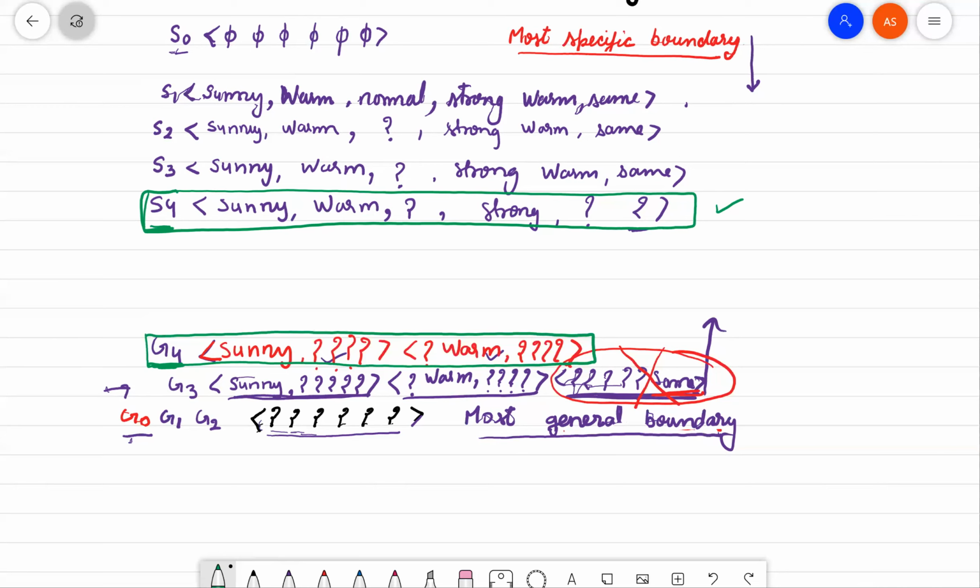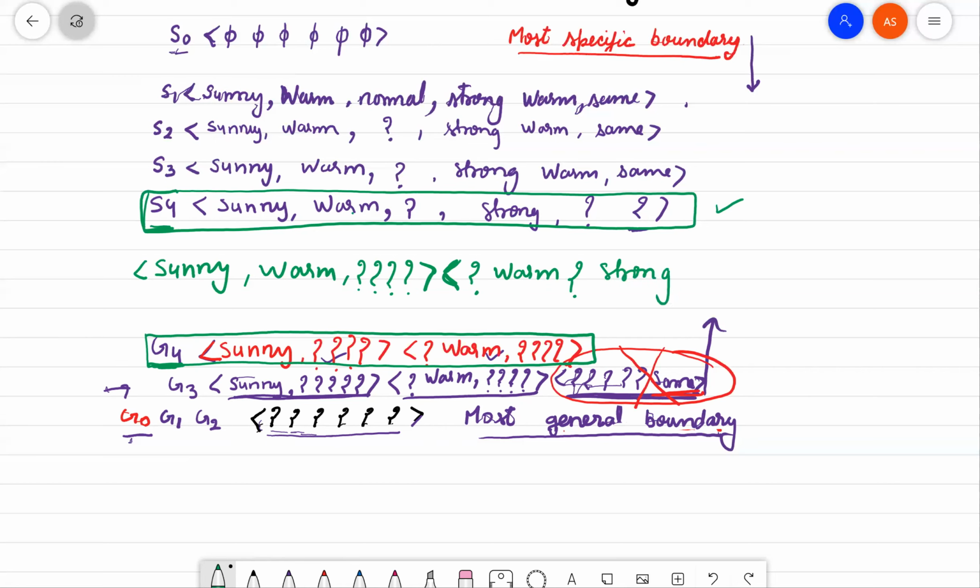We can also generate the intermediate hypotheses with the help of these two, S4 and G4. So we can also generate, for example, sunny, warm. These two attributes will remain the same, and the remaining attributes, suppose, question mark. And next, these are the intermediate hypotheses: warm, strong.